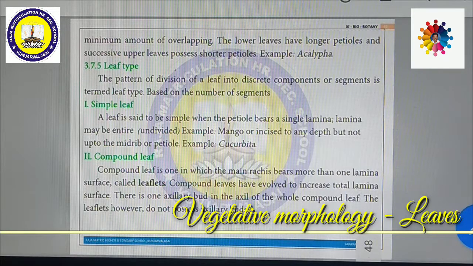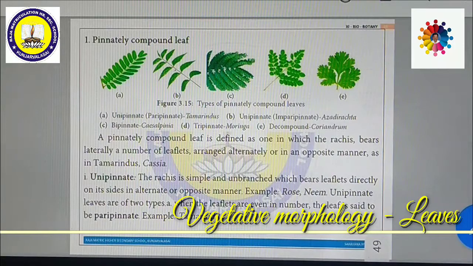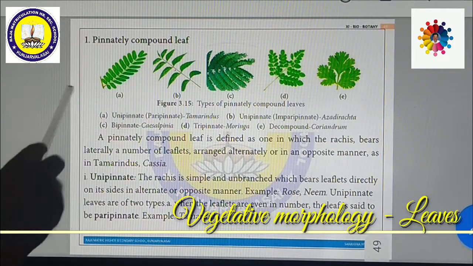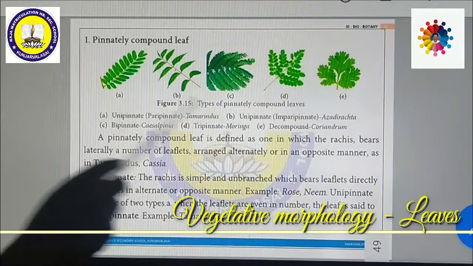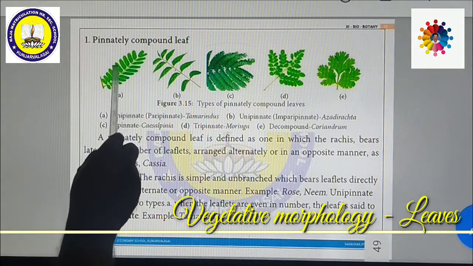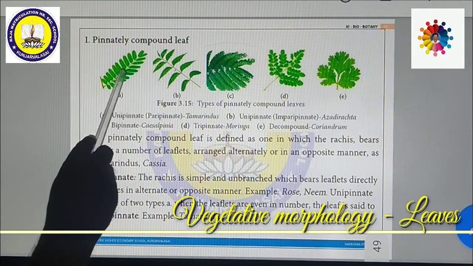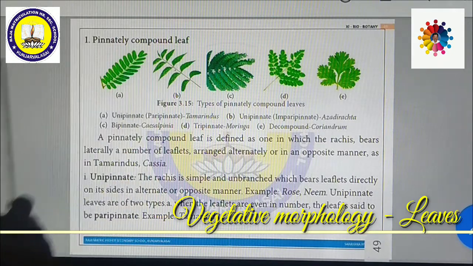The leaflets, however, do not possess axillary buds. See here, look at the picture. These are all called compound leaves. See, understand the different types of leaves. These are pinnately compound leaves.